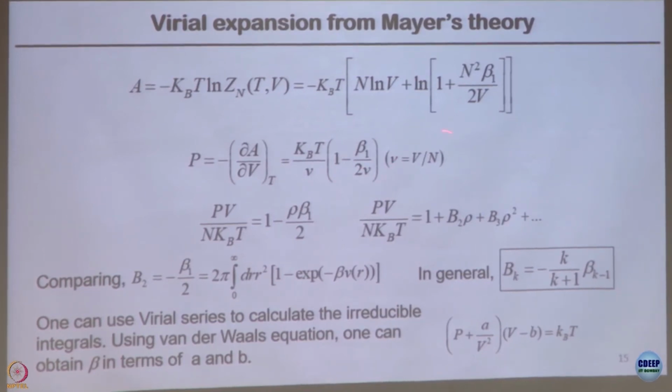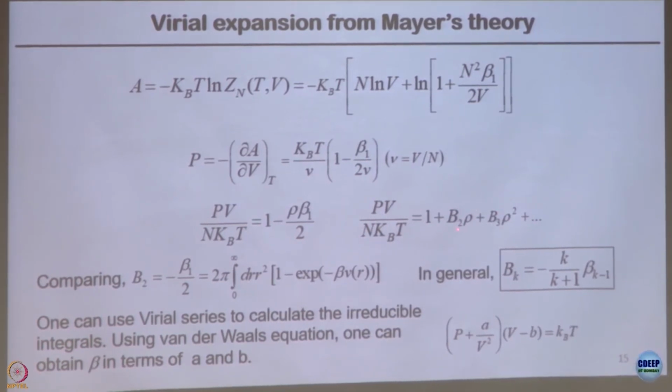At the end of the day this is N by V, so PV by N kBT, you get exactly this term. So this is the first term of an expansion. So PV by N kBT is this virial series.